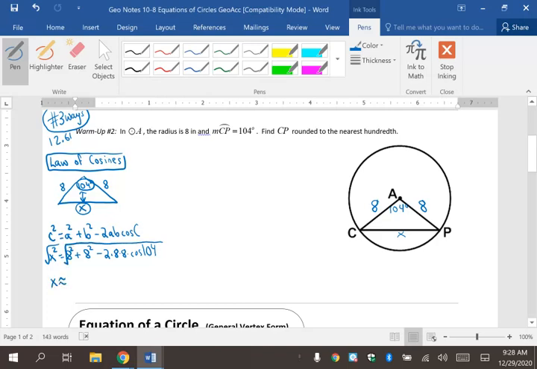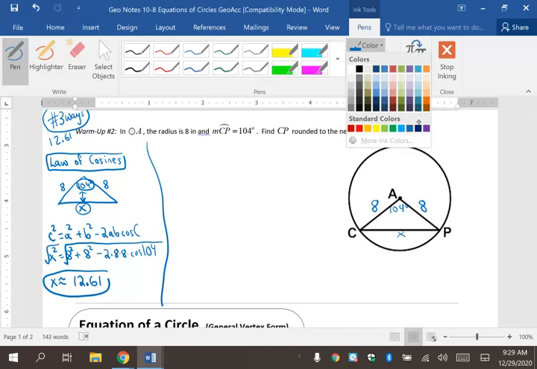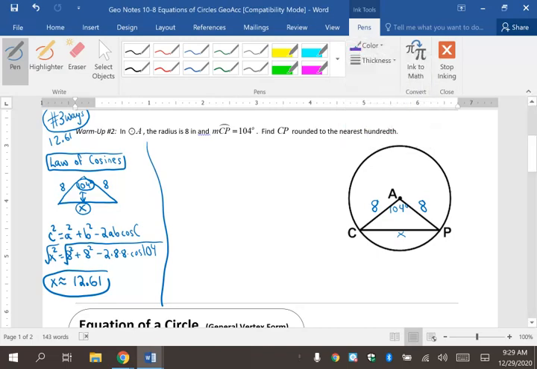So we put in square root of the quantity 8 squared plus 8 squared minus 2 times 8 times 8 times cosine 104, close parentheses, enter. And we get 12.608. And because they say to round to the hundredth, we're going to just leave it at 12.61.